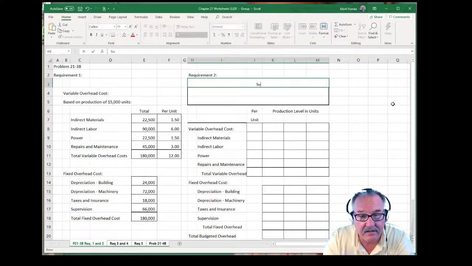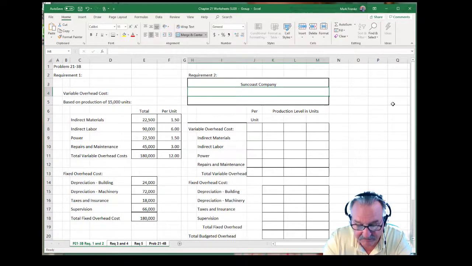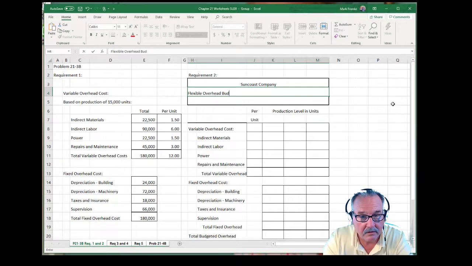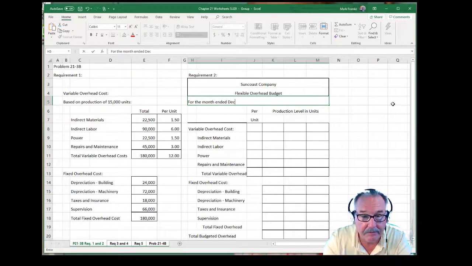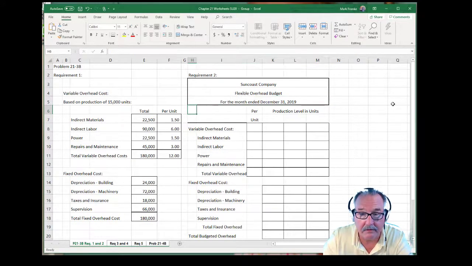So this is the Suncoast company, and we're going to call this a flexible overhead budget. This is just overhead, and this is for the month ended December 31, and we'll say 2019.